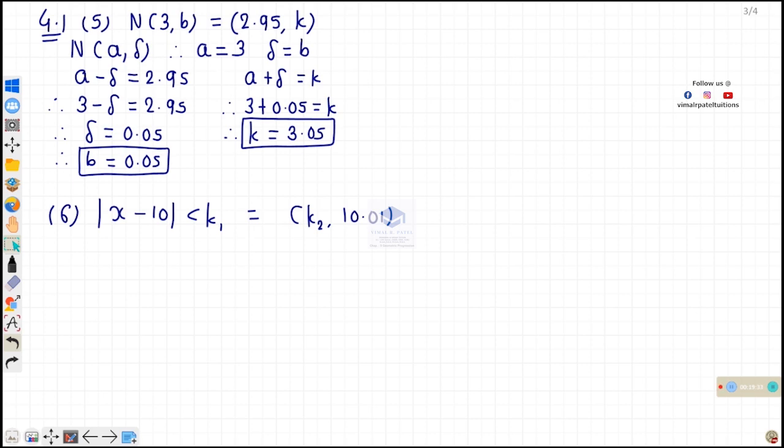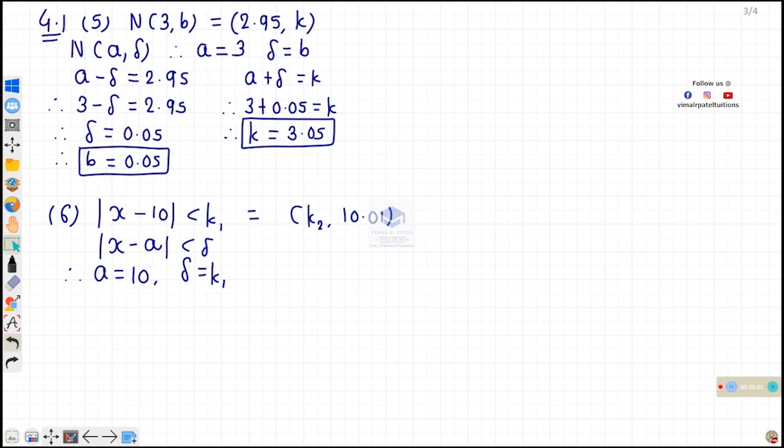Now I will compare it with the original form. Then A is equal to 10 and delta is equal to k1.